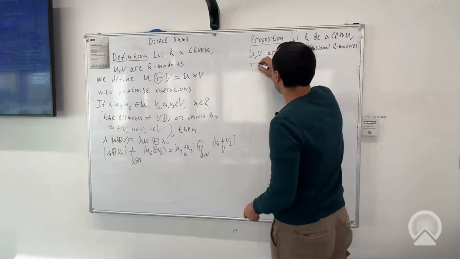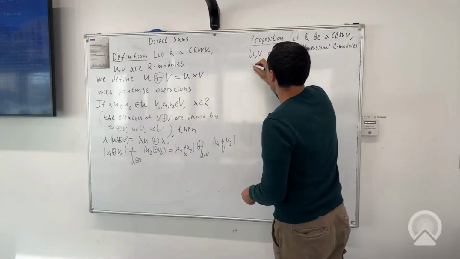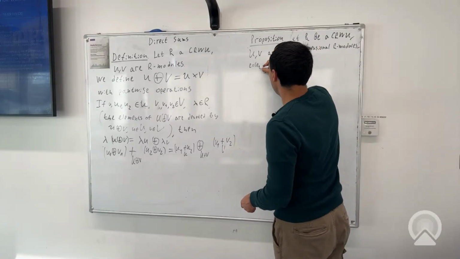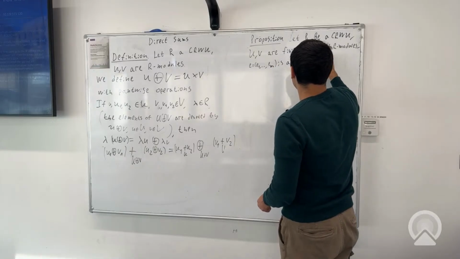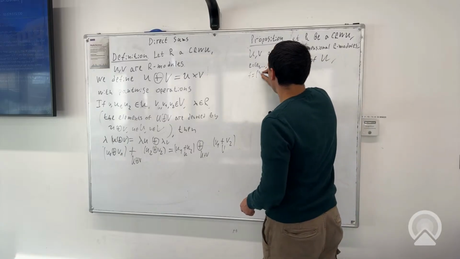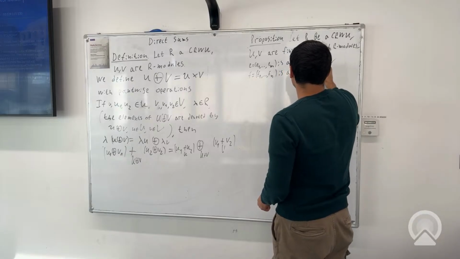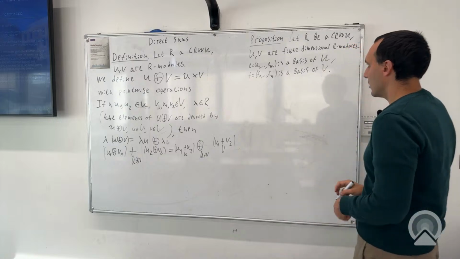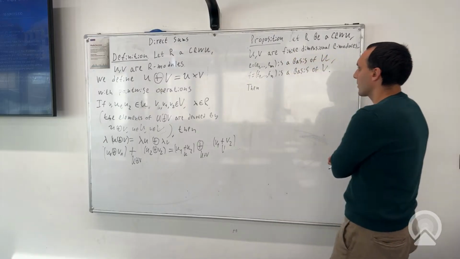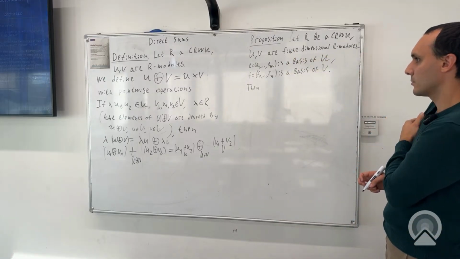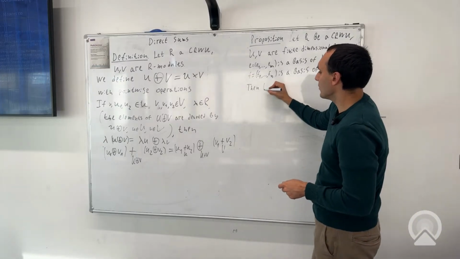Then, if E is a basis of U, and F is a basis of V, then we have the following.